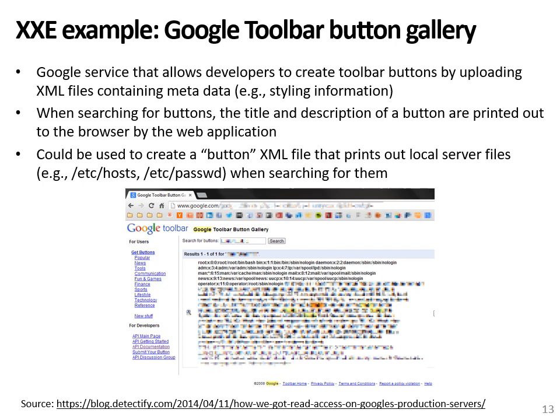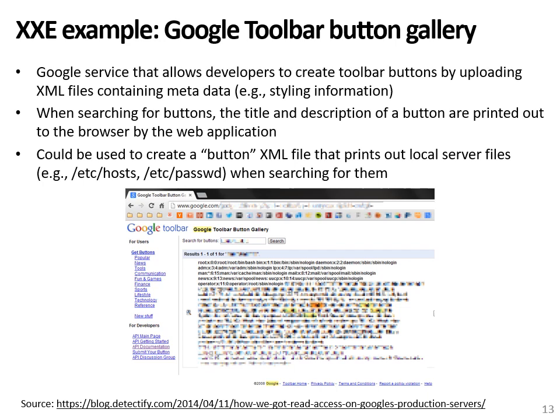They discovered that the Google service that allows developers to create toolbar buttons for Google Chrome used XML files to store metadata about these toolbar buttons, such as, for example, styling information, title, description, and so on. When using the search functionality on this web application, the title and description of each button were printed out to the browser by the web application.